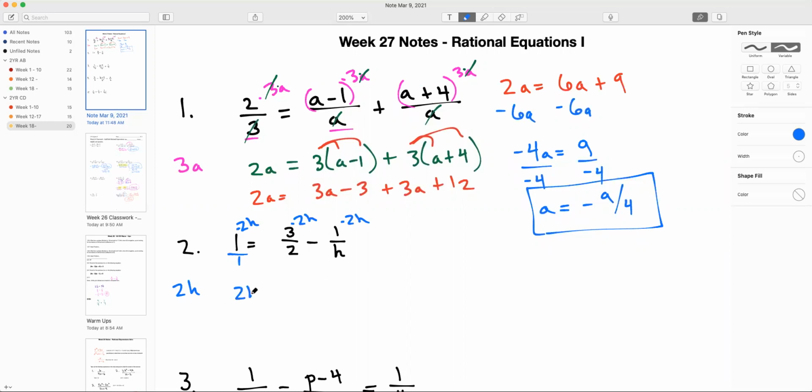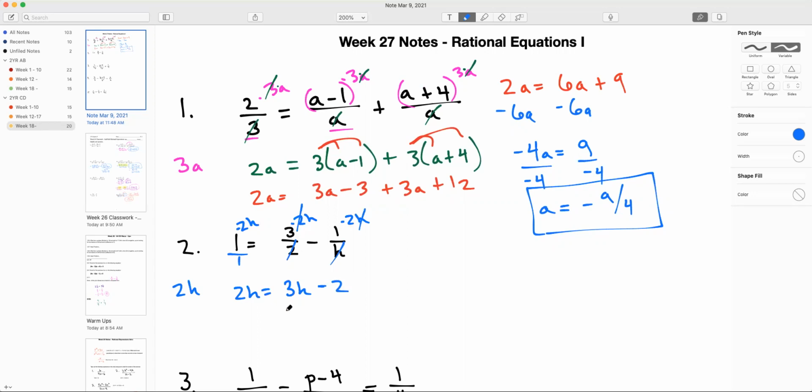Then that'll be 2h equals, and by the way, we have to cancel. So 2 cancels with 2, h cancels with h, and then 3 times h, and then minus, just 1 times 2 is 2.